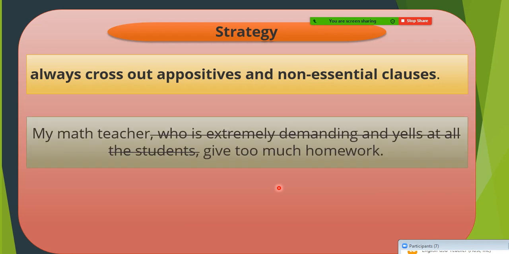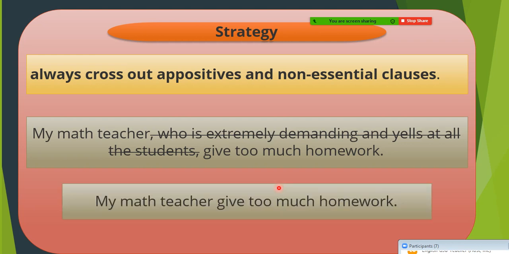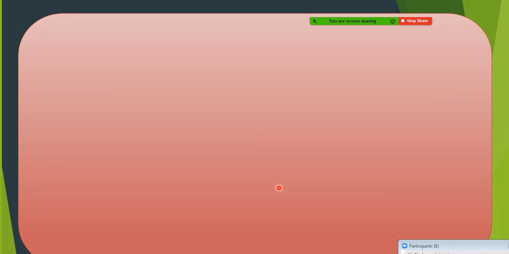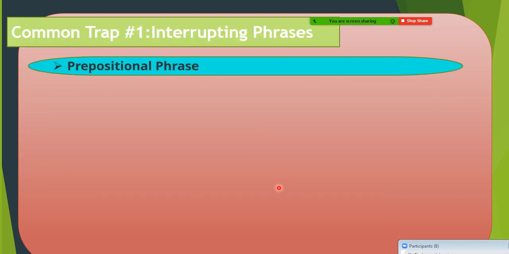That's right. This is the sentence. The subject here, teacher, is singular, and the verb here, give, is plural. And we have here the non-essential clause separating the subject from the verb.